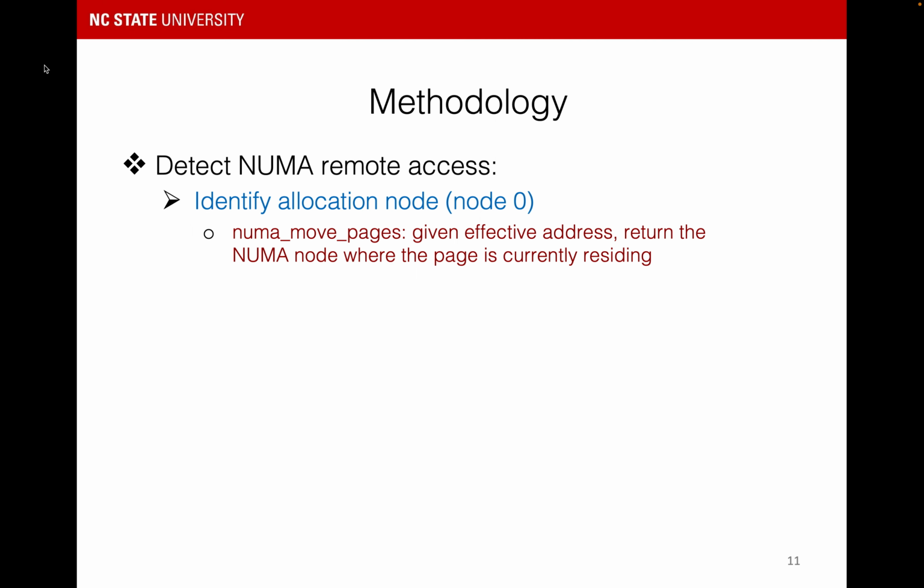In this way, DJXPerf can identify in which NUMA node the current object is allocated. Here we denote this NUMA node as node 0.